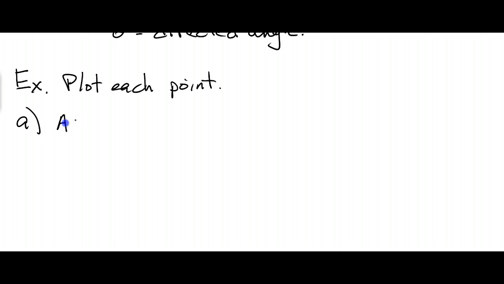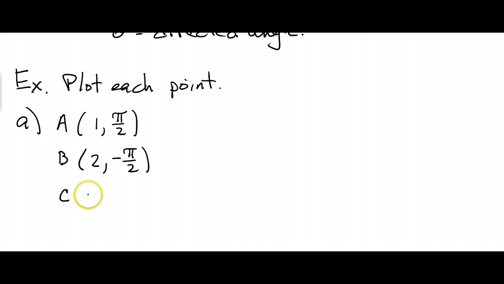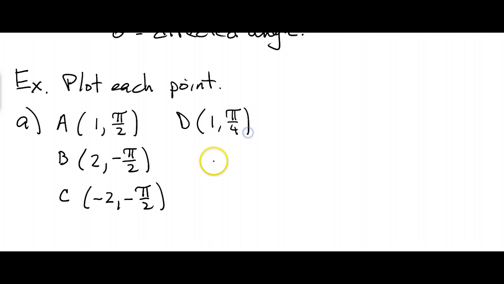Point A has polar coordinates 1, pi over 2, and point B has polar coordinates 2, negative pi over 2, and point C has coordinates -2, negative pi over 2, and then point D has coordinates 1, pi over 4, and point E is -1, 3 pi over 4. So we're going to graph all these.